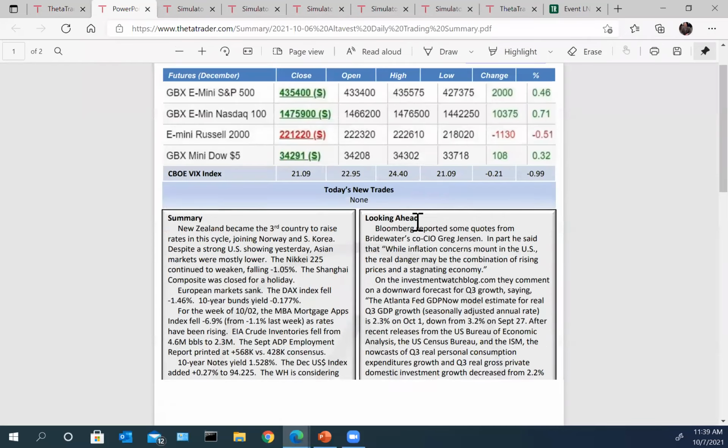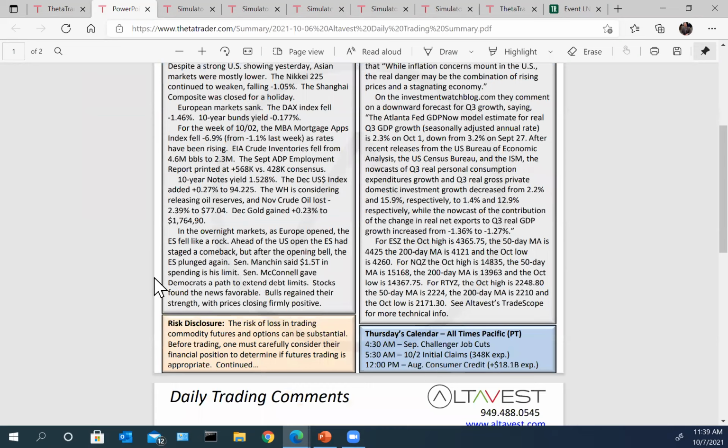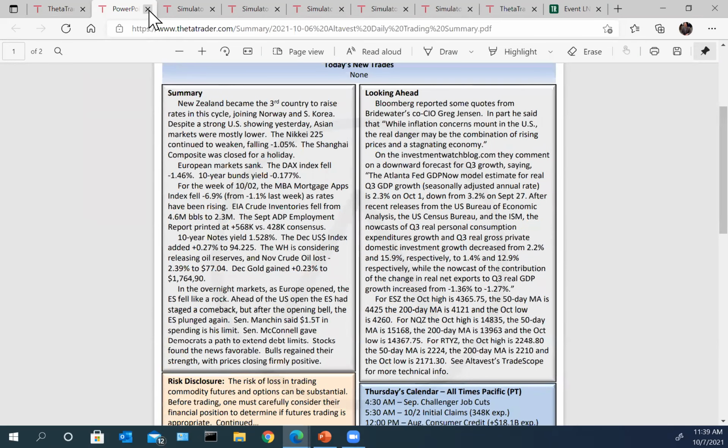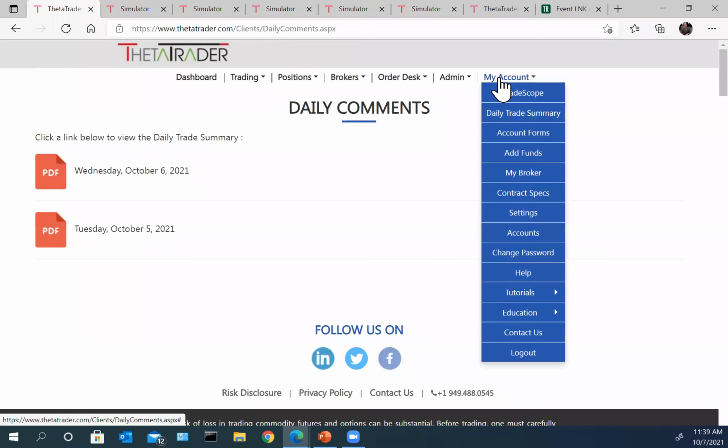So daily commentary, and you'll see here what's happening in Asia, in Europe, in the US, and of course, looking ahead and any support resistance areas, and then of course, economic calendar. And that's all available as our proprietary in-house research puts that together and makes that available for you.